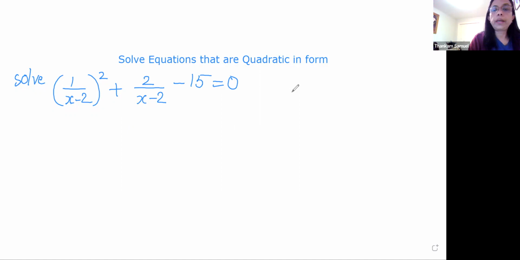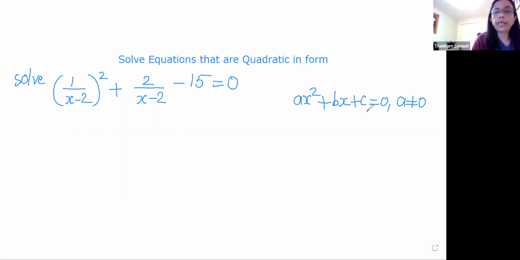So you know the general form of the quadratic equation is ax squared plus bx plus c equals 0, where a not equal to 0. So we need to rewrite this given equation into this general format.